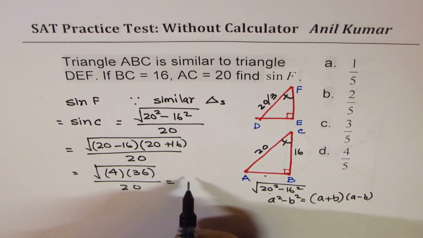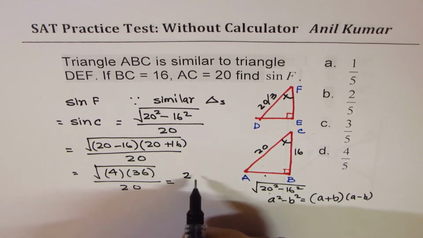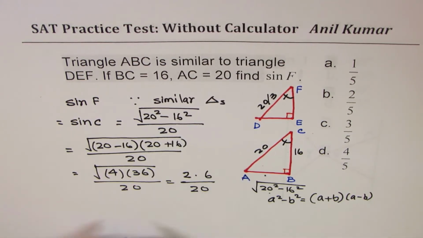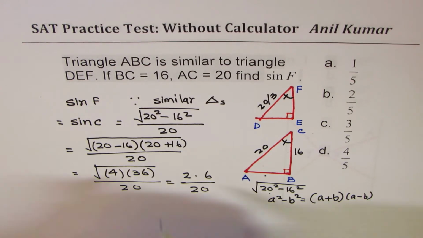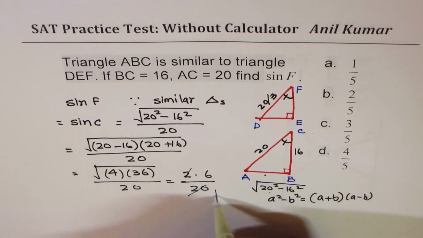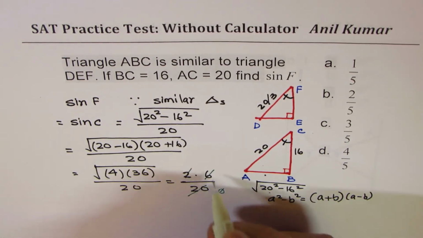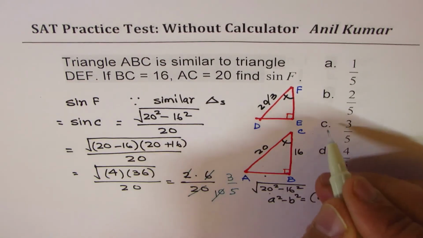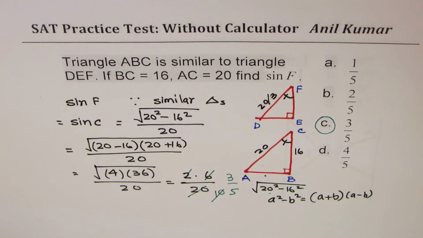Now square root of 4 is 2, square root of 36 is 6, divided by 20. Do you see that? Now it is very simple. You can simplify it. Dividing by 2, you get 3 over 5. So 3 over 5 is option C for you. So that is your correct answer.